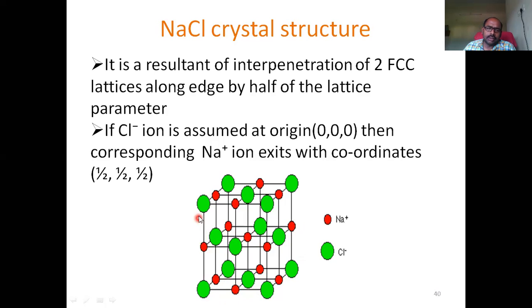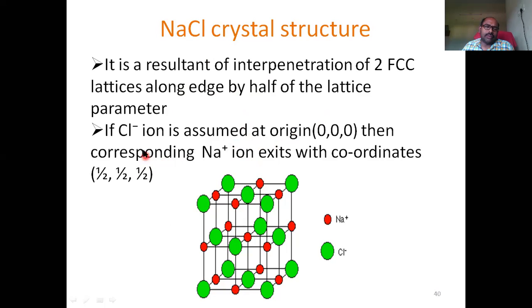And by displacing the front face by half of the distance in the negative z direction, we see the same structure. In that way, the total NaCl structure is present, and we can understand it in that way.